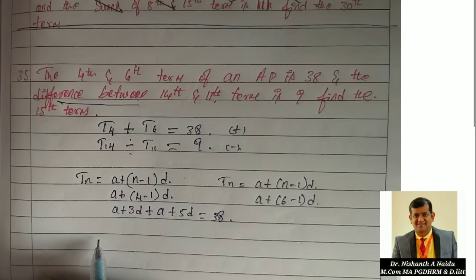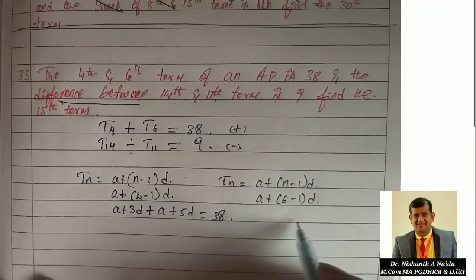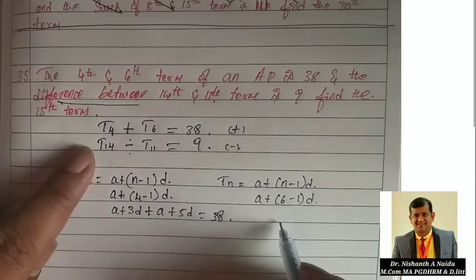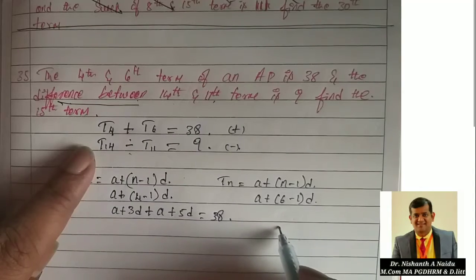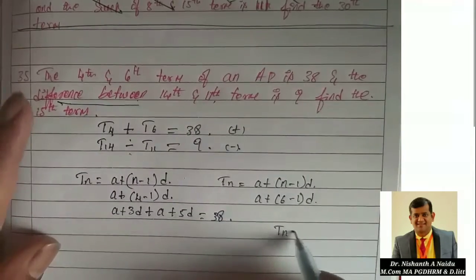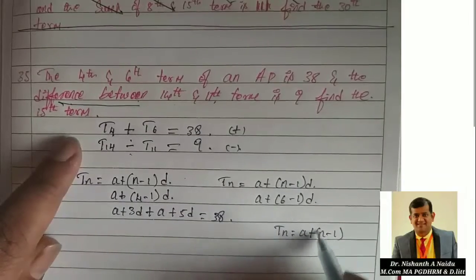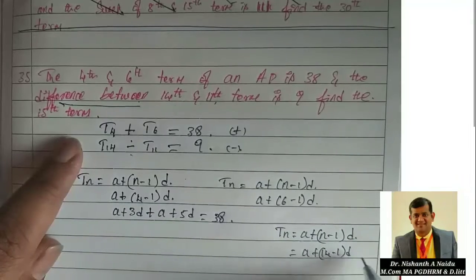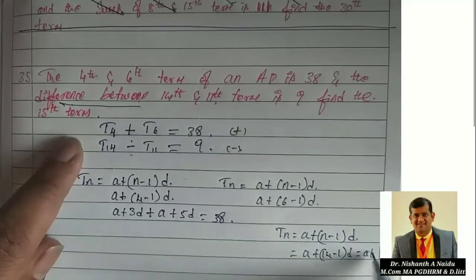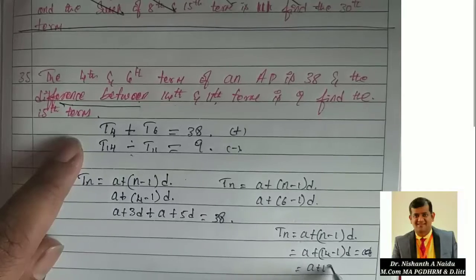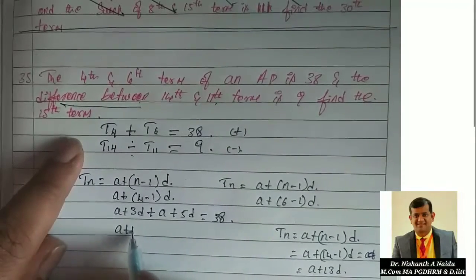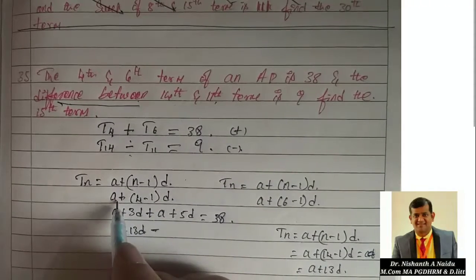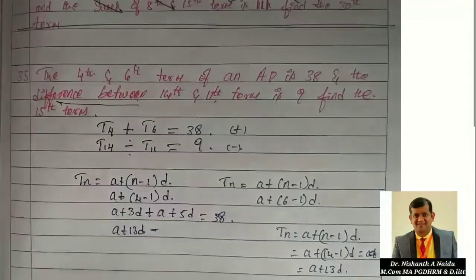To find the second equation, I am using this space. So T14: Tn equals a plus n minus 1 into d, so that is a plus 14 minus 1 into d. That becomes a plus 13d, minus, because it has to be subtracted, this T11.